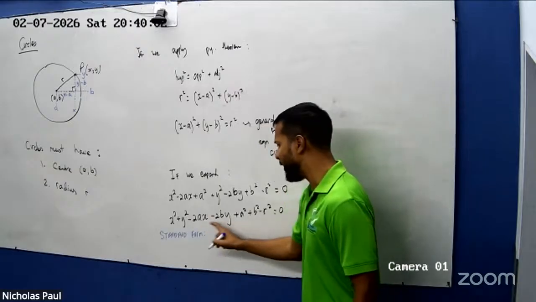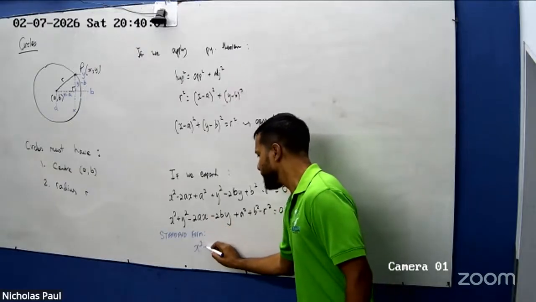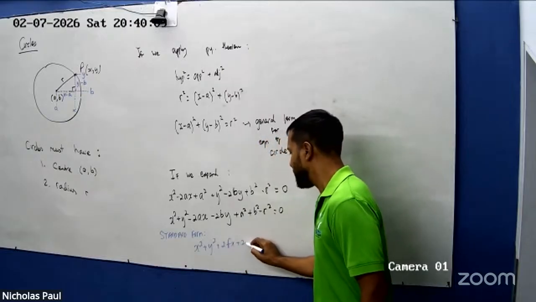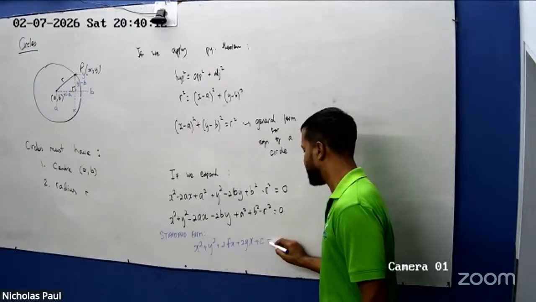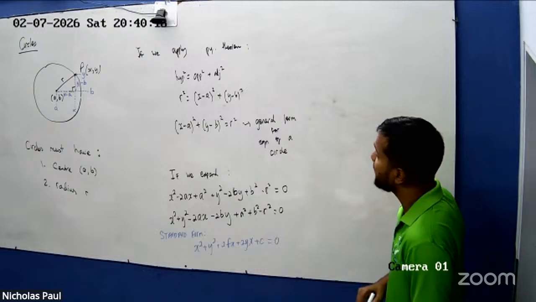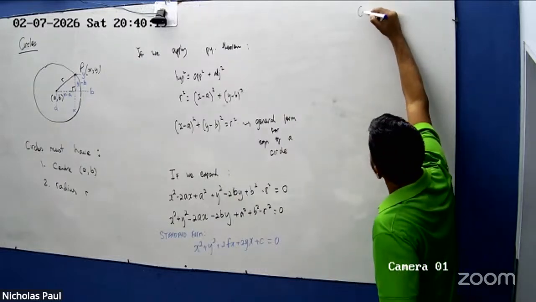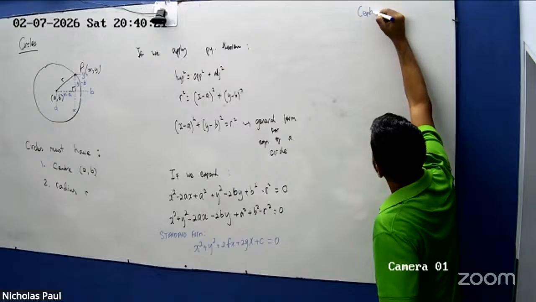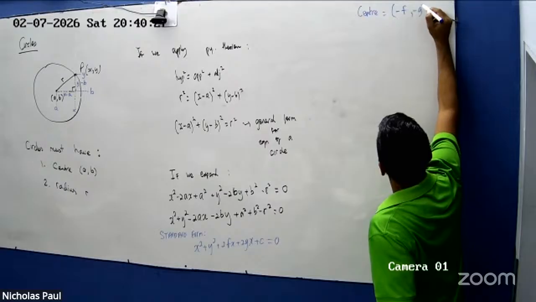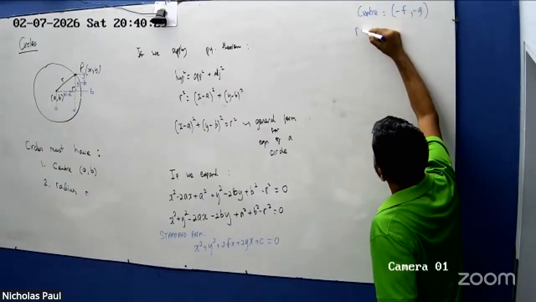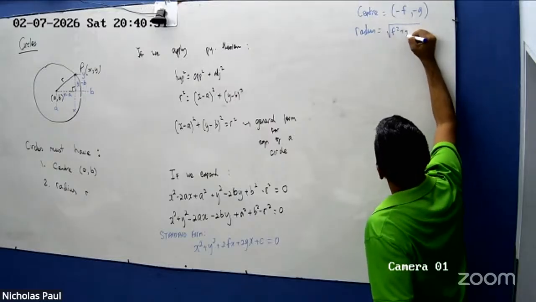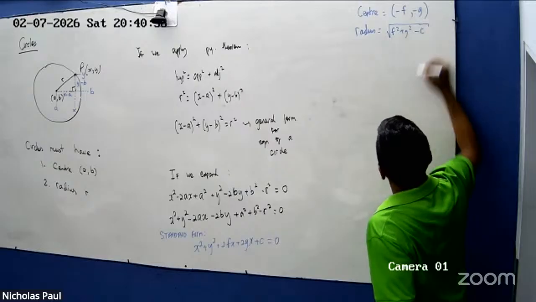The standard form looks like this. They don't really use a and b; they use f and g: x squared plus y squared plus 2fx plus 2gy plus c equals 0. The center is minus f, minus g, and the radius is the square root of f squared plus g squared minus c.